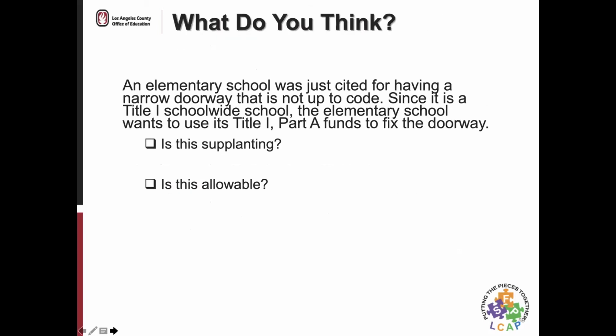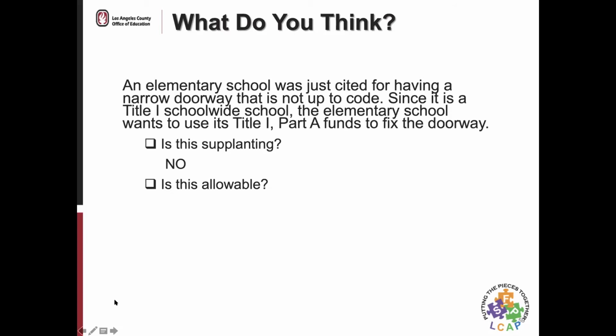So let's take a look. Here's an example. An elementary school was just cited for having a narrow doorway that's not up to code. Since it's a school-wide school, the elementary school wants to use Title I to fix the doorway. Now, is this supplanting? The answer is no, it's not supplanting, and that's counterintuitive. What do you mean that's not supplanting? Because if you're allocating funds equitably and you have that methodology, it's not supplanting.